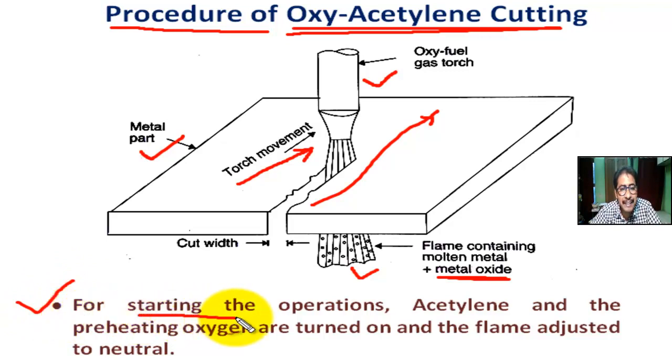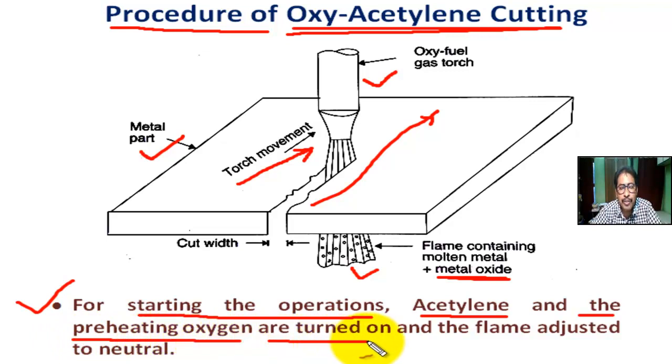For starting the operation, acetylene and the preheating oxygen are turned on and the flame adjusted to neutral. That means oxygen and acetylene amounts are the same.